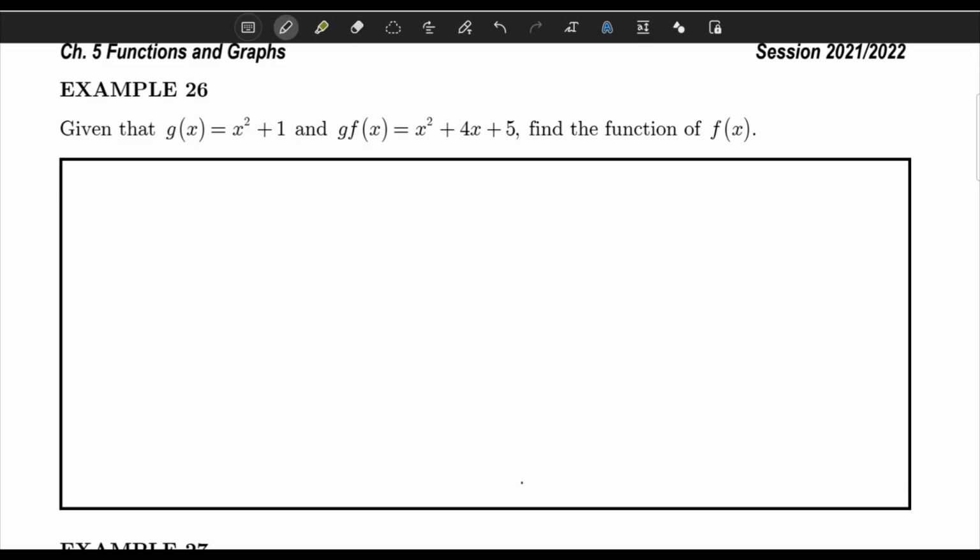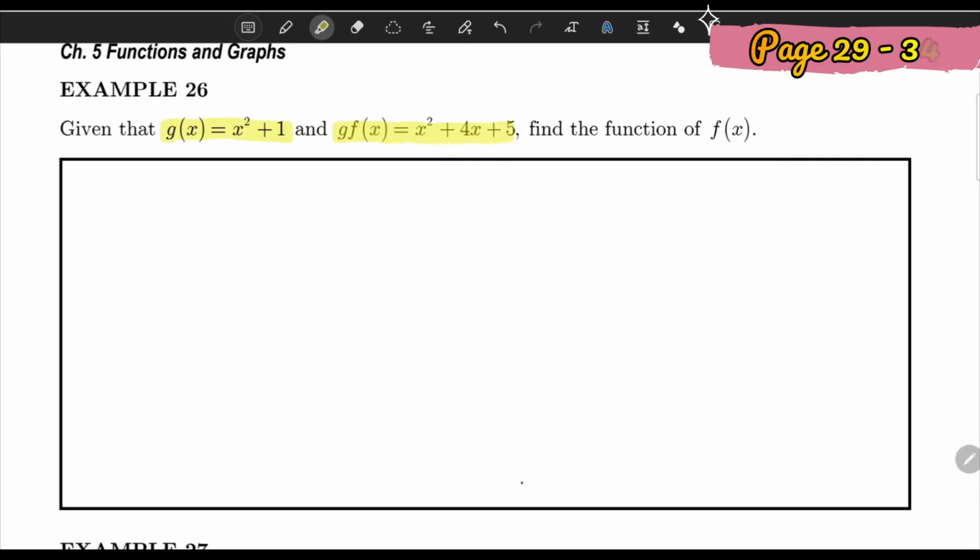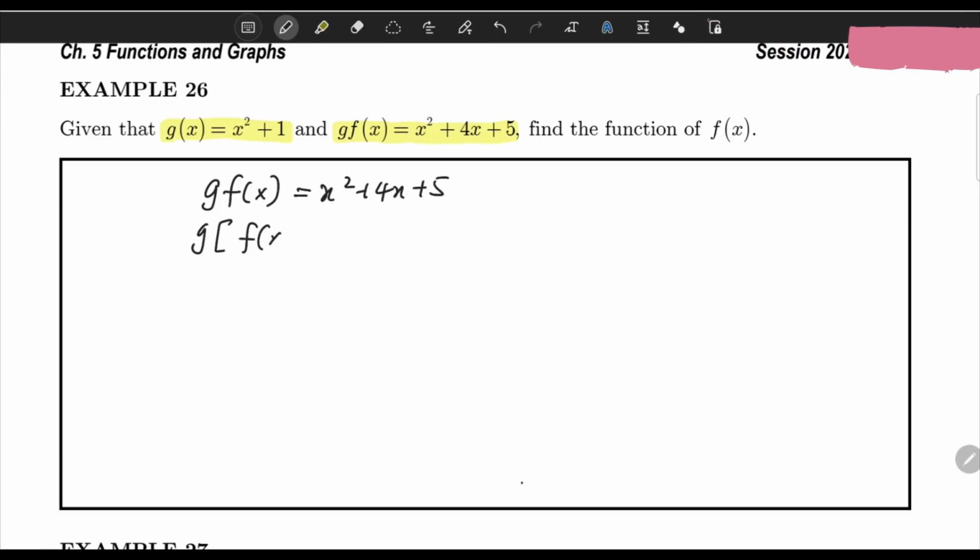Example 26. Given that g of x equal to x squared plus 1 and g of f of x equal to x squared plus 4x plus 5. So we will start with g of f of x equal to x squared plus 4x plus 5. So we are going to use proper brackets on the left side, so that we can see what we are going to substitute.